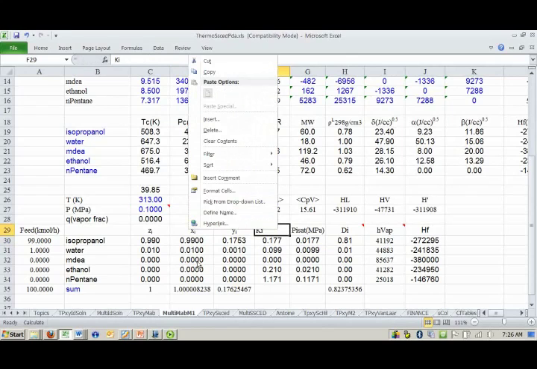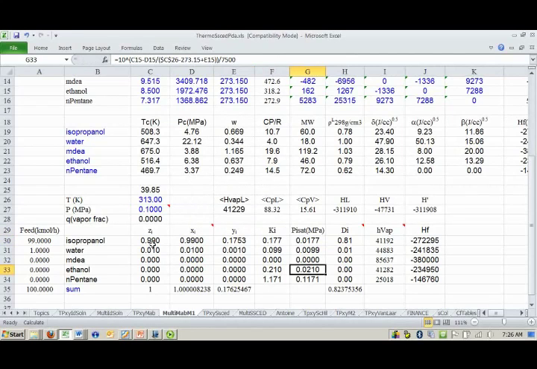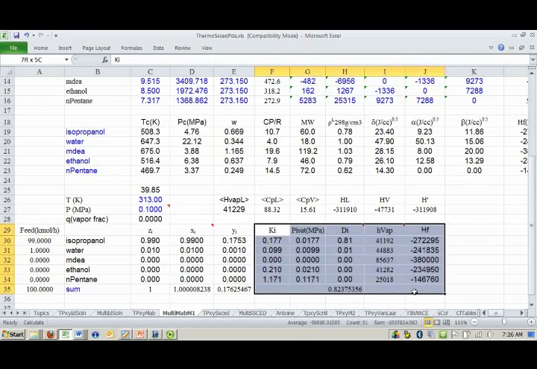Okay, I think we're set now. We're ready to go. We just gotta go and get those gammas. So I'm going to need a little space here. Just going to move this over 2 spaces.